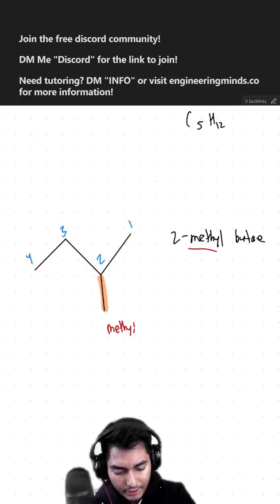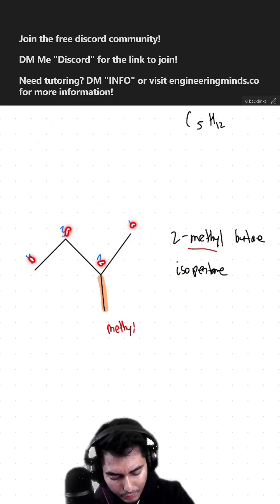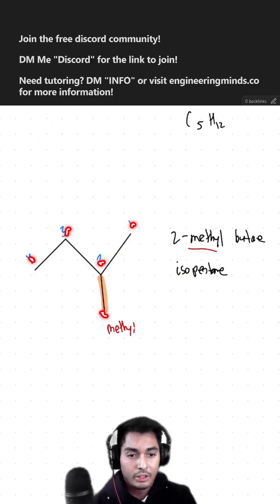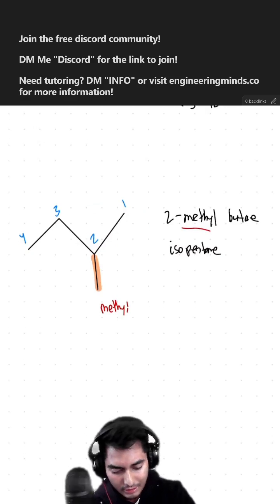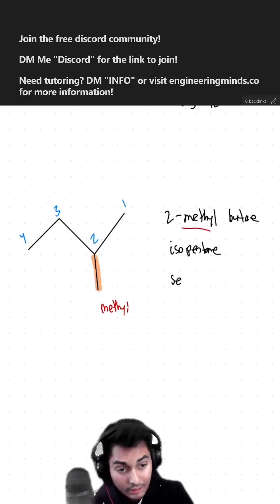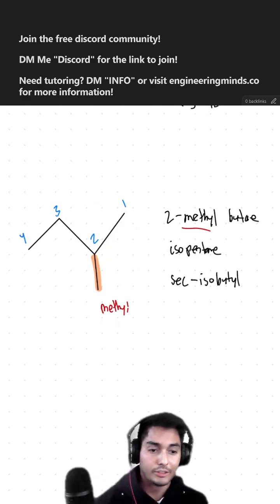But this is also isopentane. Because we had our pentane, this is still going to be 1, 2, 3, 4, 5. So Pasito said sec isobutyl. That's going to be another way of calling this. Sec isobutyl. So this is indeed another isomer, right?